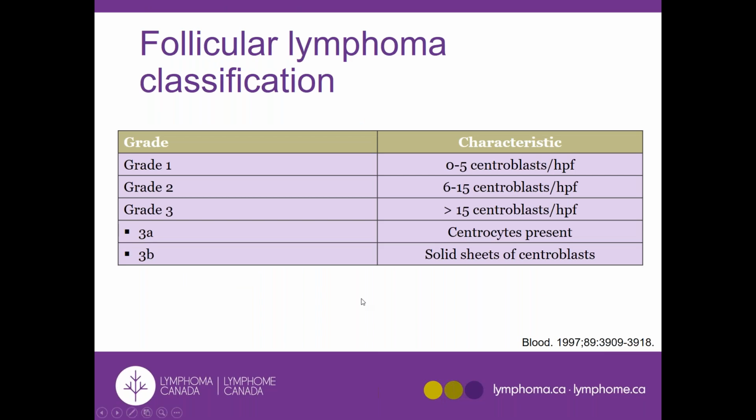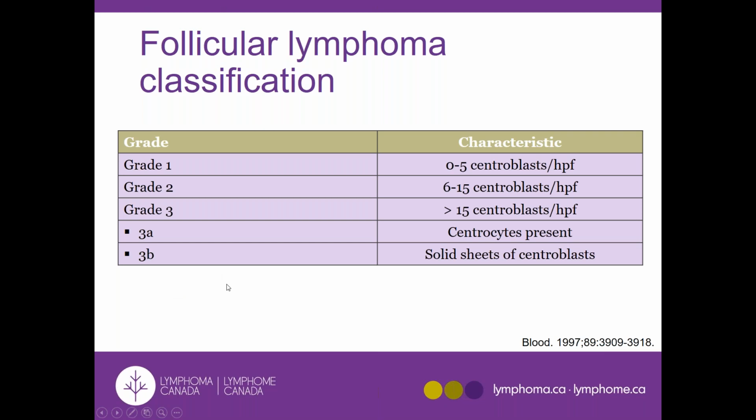The grading of follicular lymphoma can be important for how we treat it, and this has to do with how it looks under the microscope, how many centroblasts, which are kind of larger cells, can be seen when the pathologists look at a specimen. And having, for example, grade 3A versus grade 3B can mean different treatments, and grade 3B is often treated the same as diffuse large B-cell lymphoma or as an aggressive lymphoma.